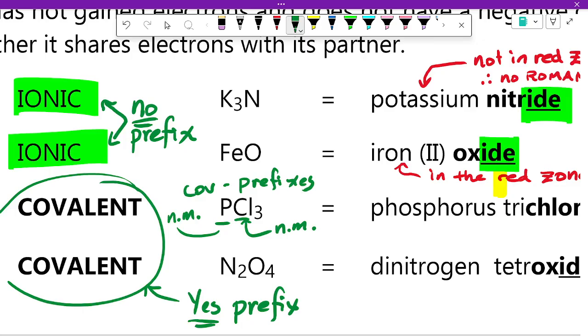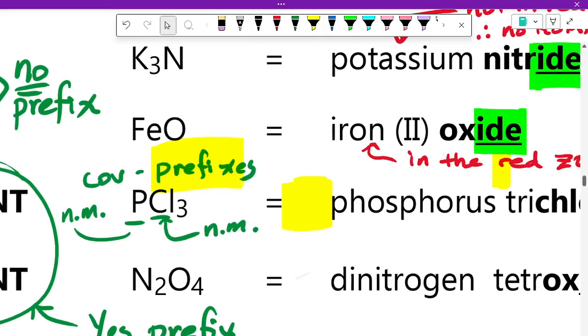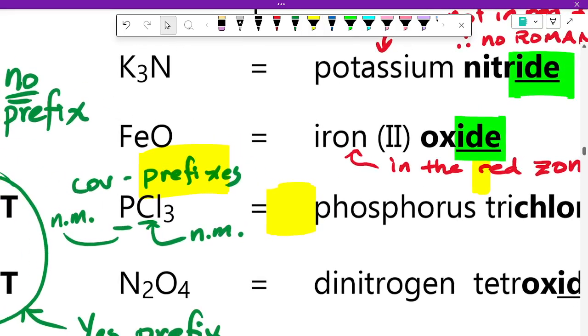Uh-oh. There's supposed to be prefixes. There's nothing there. Why do you think that might be? Because there's just one of them.